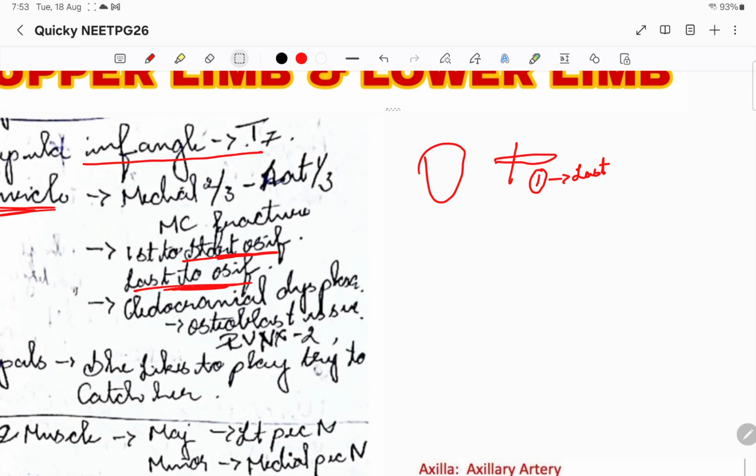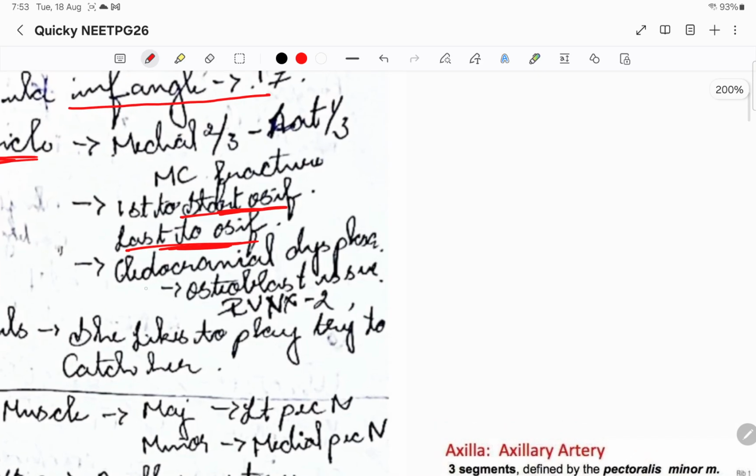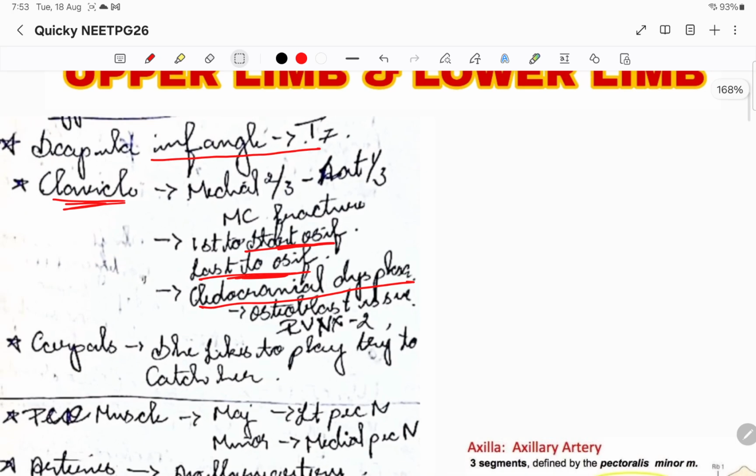One more point about the embryological genesis of clavicle is cleidocranial dysplasia. If you guys have seen Stranger Things, there is the boy who has cleidocranial dysplasia, right? If you have not seen Stranger Things, please go see it after your exams.